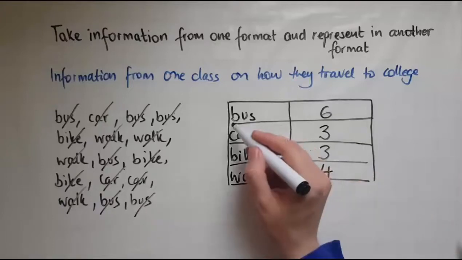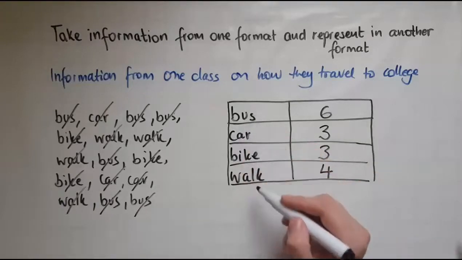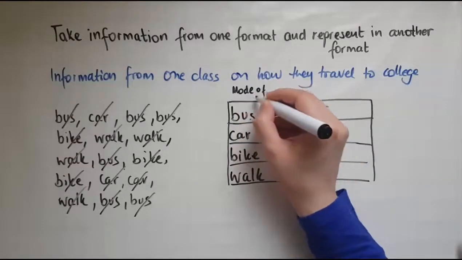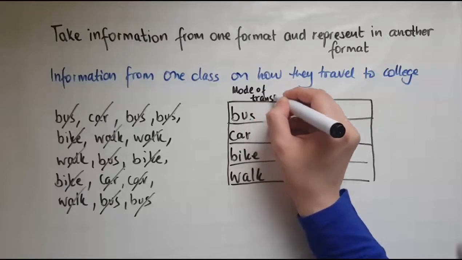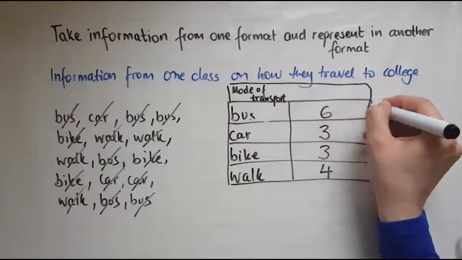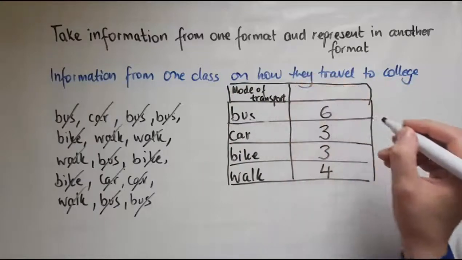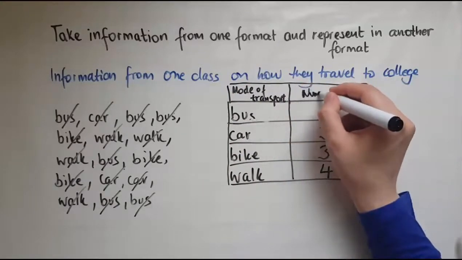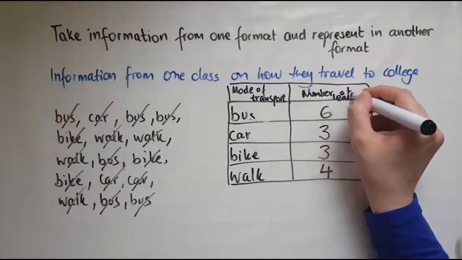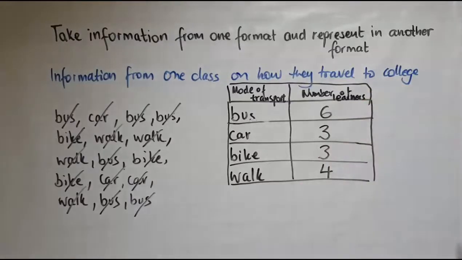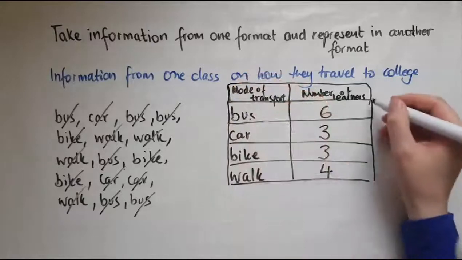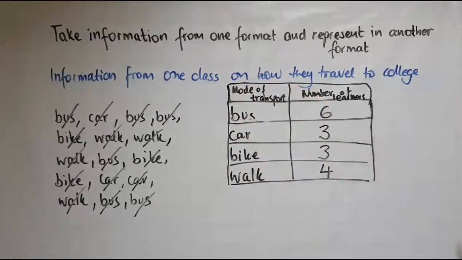So what is this? That's the mode of transport. And that is number of learners. And this shows how to represent them.